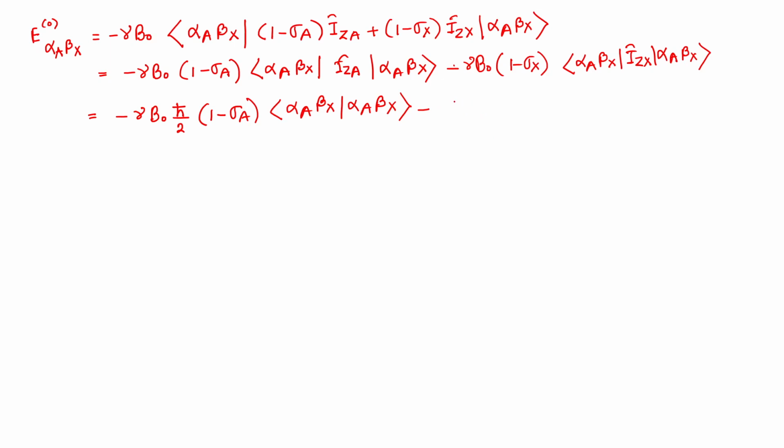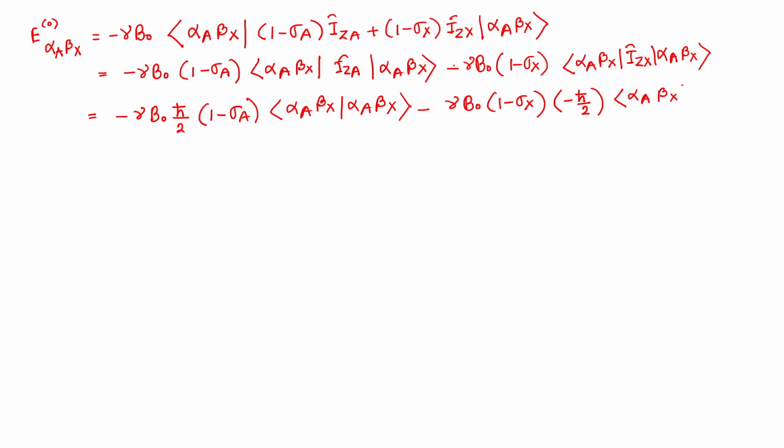Then in this case I will get gamma B0 1 minus sigma X, and when Iz X operates on beta X, I am going to get minus h cut by 2, and I will get an eigenvalue equation, right?